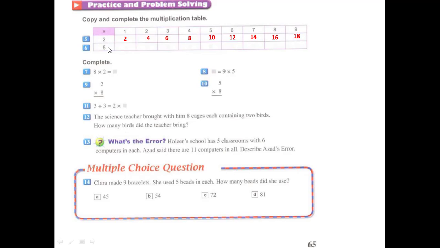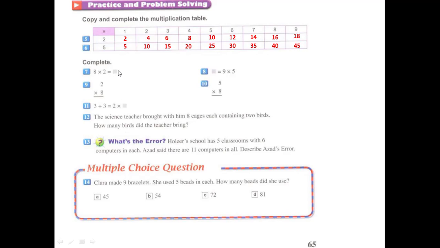Here you have 1 times 5, 5. 2 times 5, 10. 3 times 5, 15. 4 times 5, 20. 5 times 5, 25. 6 times 5, 30. 7 times 5, 35. 8 times 5, 40. 9 times 5, 45.